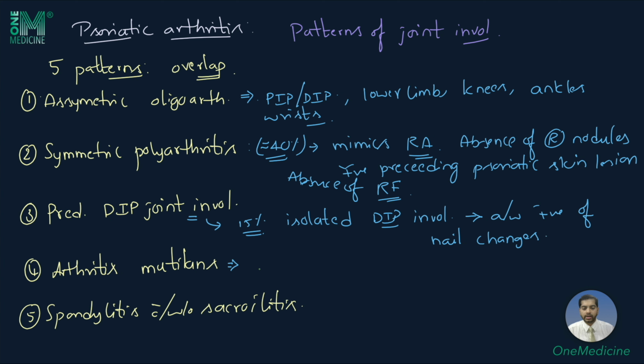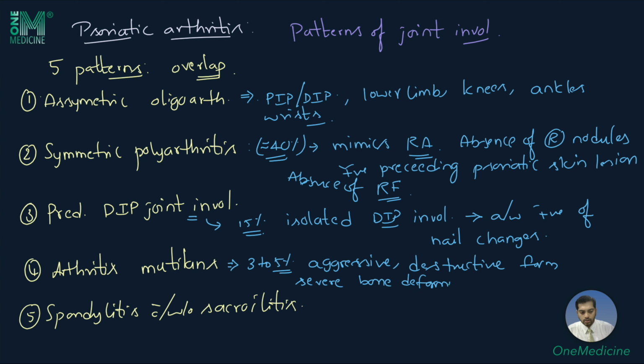Arthritis mutilans is a relatively rarer disease, with approximately 3 to 5% of psoriatic cases being arthritis mutilans. However, this is an aggressive, destructive form of disease with severe bone deformities, and patients can also come with dislocations.